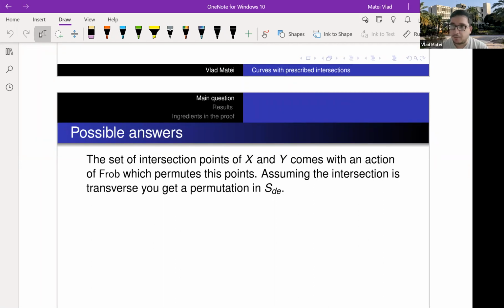It's the same idea from Galois theory that you see all over the place: if you have roots of a polynomial, the Galois group acts on these roots. It's the same principle, in this case you get the Frobenius action on this set.